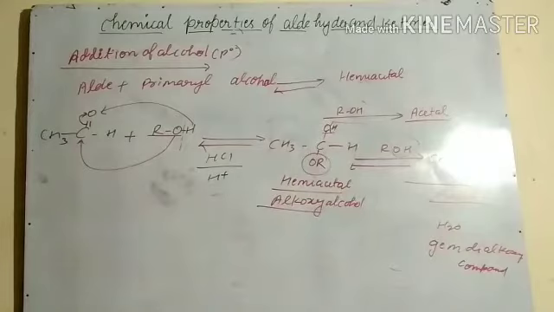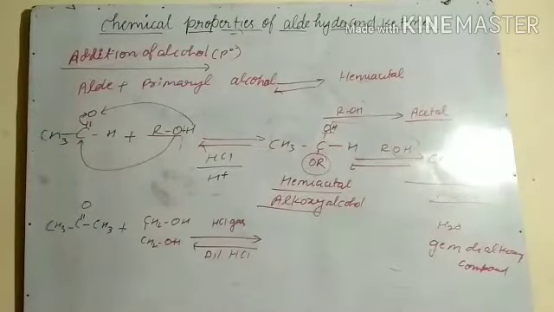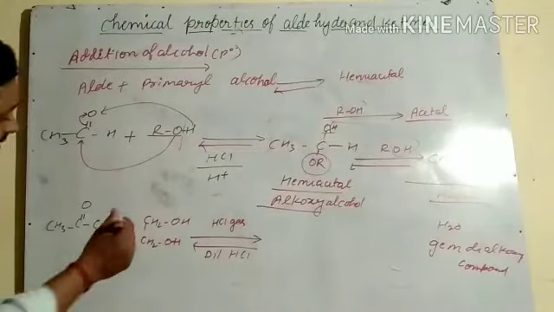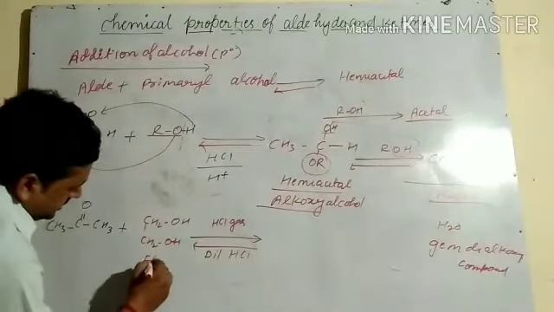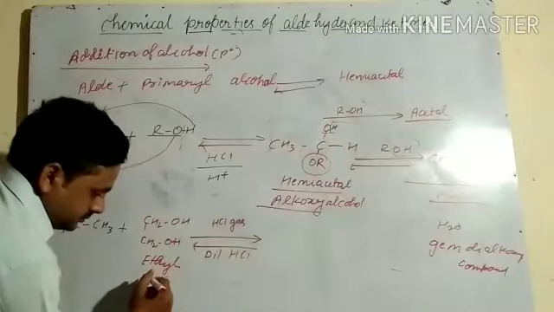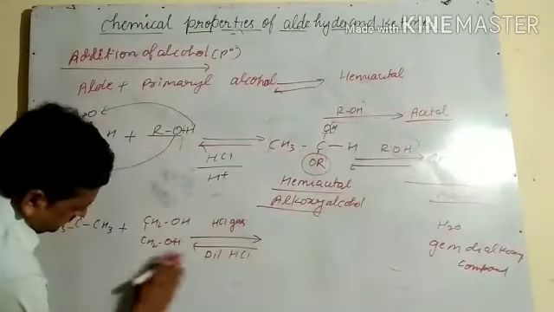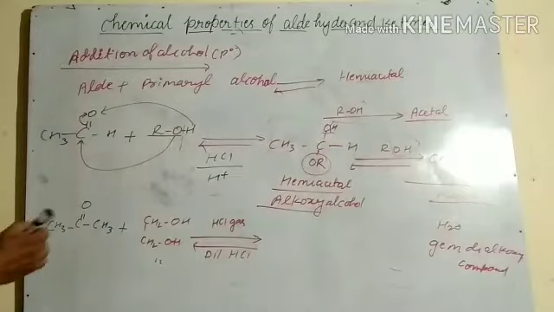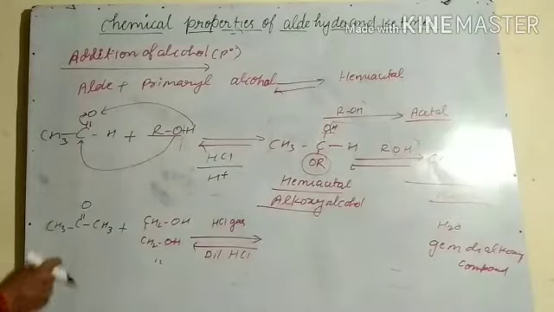Reaction of ketones with alcohol. So how does this alcohol react? It is ethylene glycol. What is ethylene glycol? Ethylene glycol. So how does it react? It reacts in this way. Let us see how it reacts.